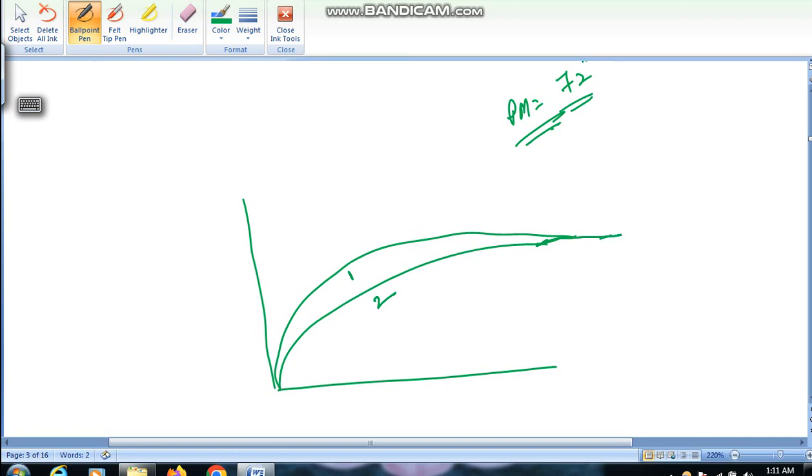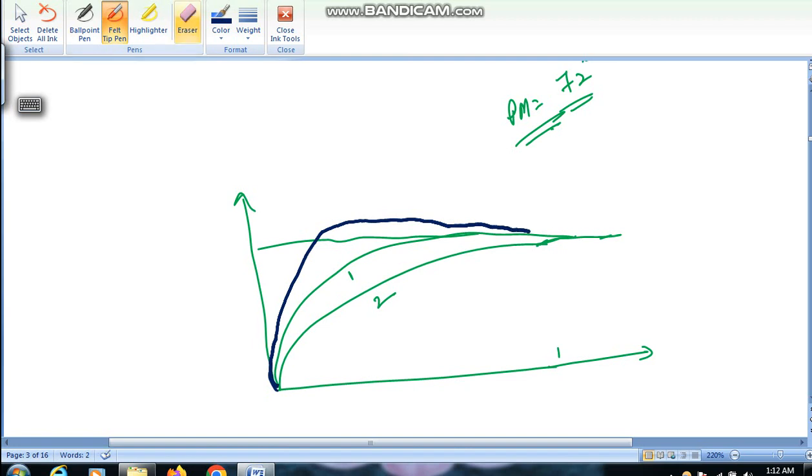It is very slow. Now when it comes to damping factor less than 1, as damping factor reduces, it will settle like this.